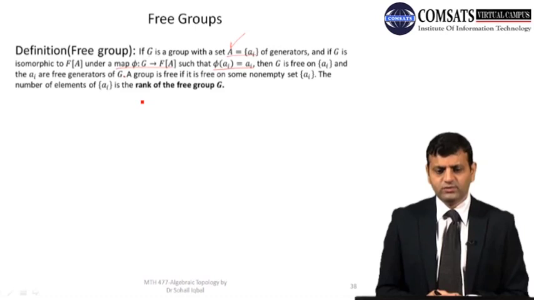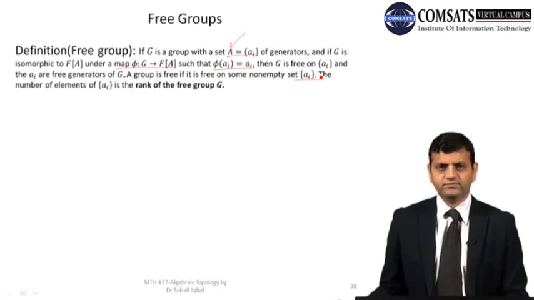So if G is isomorphic to a free group, then G is a free group. Okay, so a group G is free if it is free on some non-empty set A. The number of elements of A is the rank of the free group.